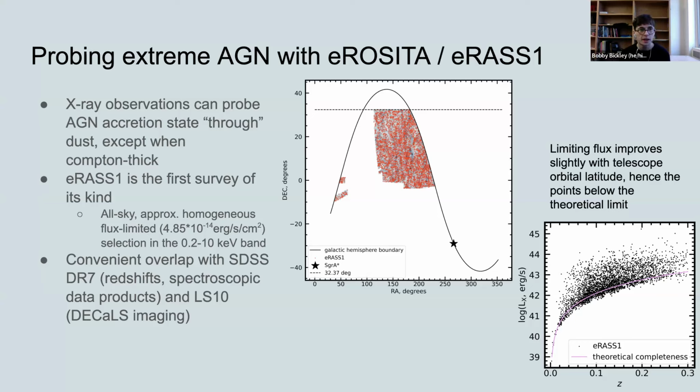These Compton thick cases are really interesting to this study, but as far as counting X-ray AGN, they are essentially lost to us, essentially unrecoverable. Otherwise, X-ray is really nice for this reason, because even if you have a dusty AGN, you can see what's actually happening with the accretion state of the supermassive black hole through that dust. So this is really convenient for our purposes.